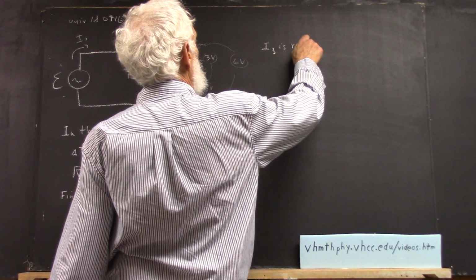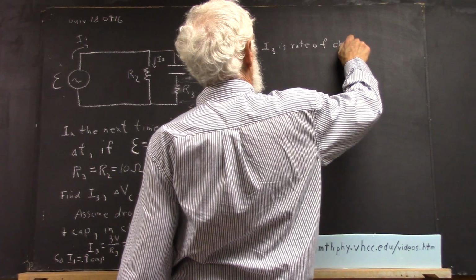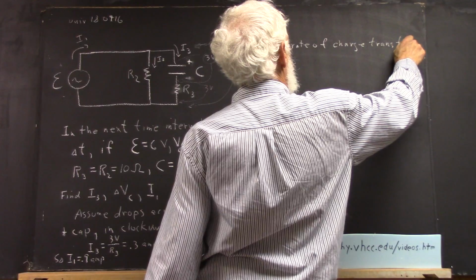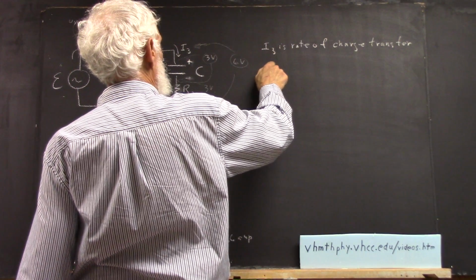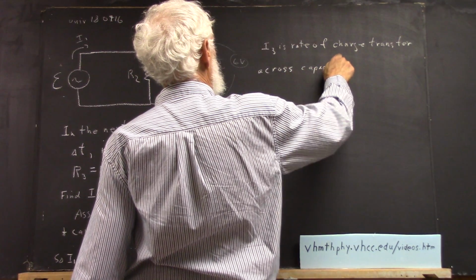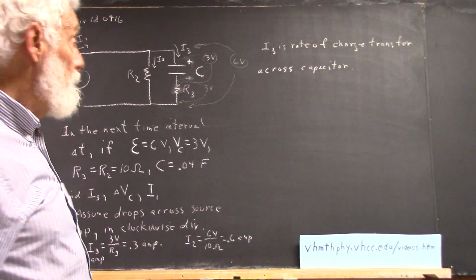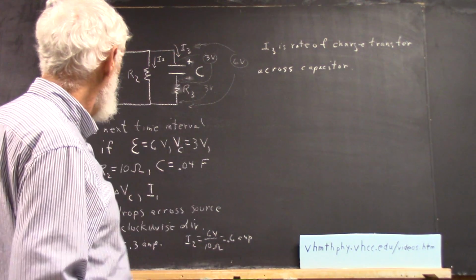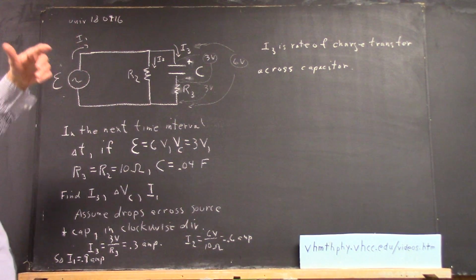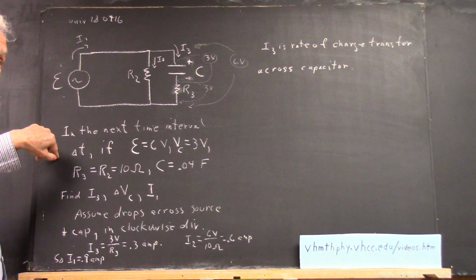is the rate of charge transfer across the capacitor. Meaning that the charge transferred is I3. Well, what is I3? It is the rate of charge transfer. We said that. It means you multiply I3 by the time interval and you get the amount of charge transferred.